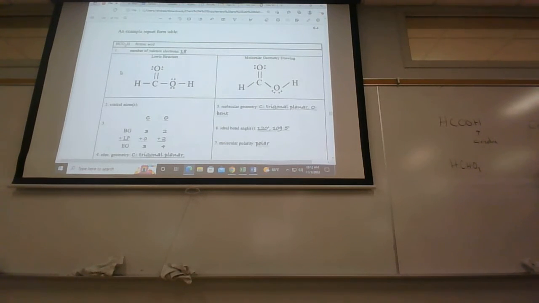Another way of writing acetic acid is HC2H3O2. Okay, in this case, the acidic hydrogen is in the front. In both cases, the acidic hydrogen is bonded to the oxygen. It's not bonded to the carbon. And so these three hydrogens are bonded to the carbon here. This hydrogen is bonded to the oxygen here.